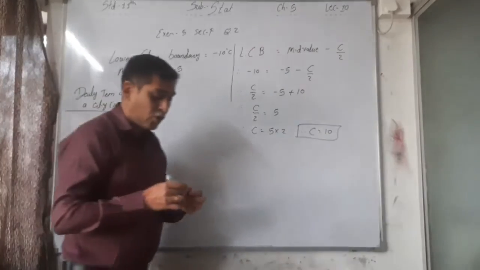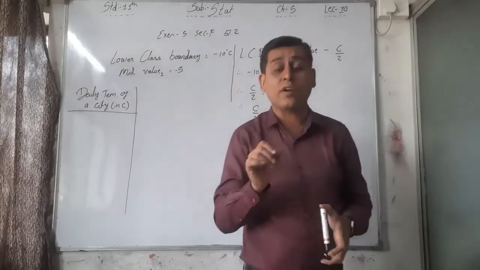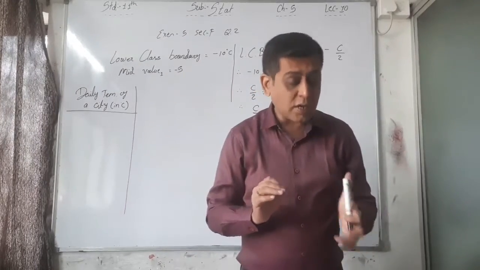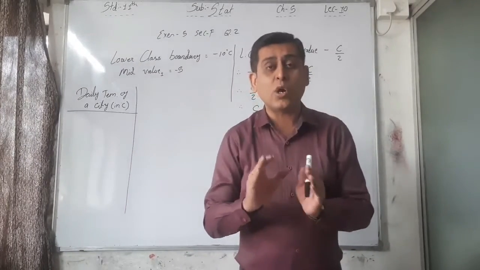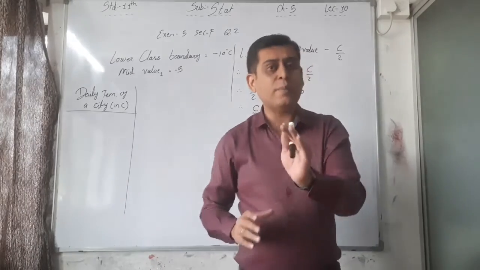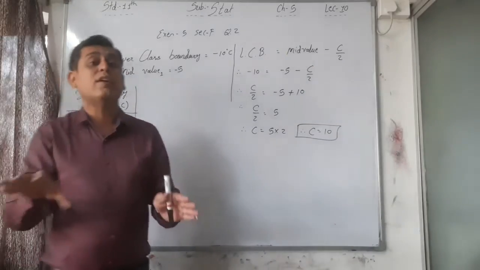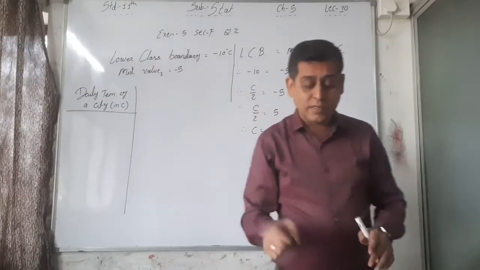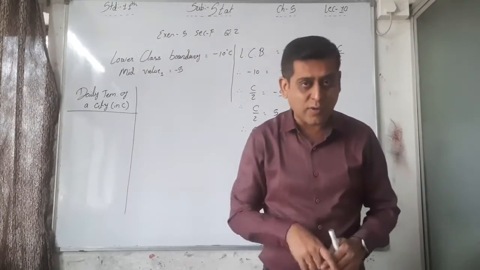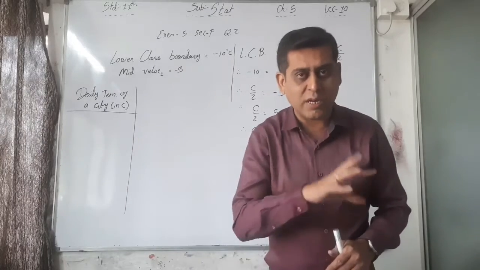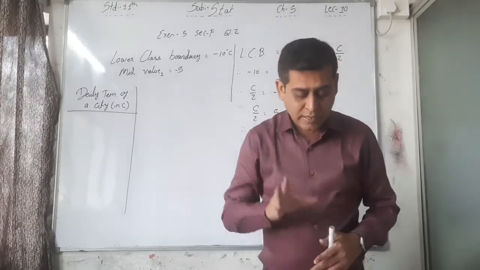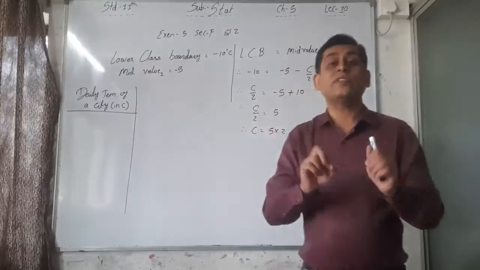See, the class length of each and every class is different here. How do we know that? See the mid values. All the mid values are not at equal distance. If all the mid values are at equal distance, then we can say all the class lengths or class intervals are equal. See the mid values: the first mid value is minus 5, then the second mid value is 5. That means the difference between the two is 10. Then 5 to 12, the difference is 7.